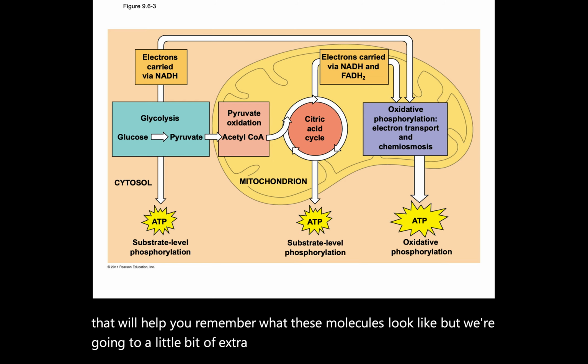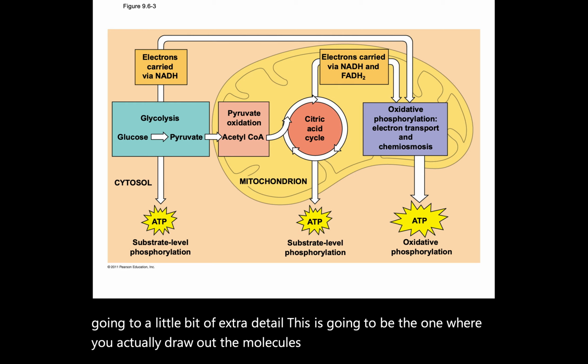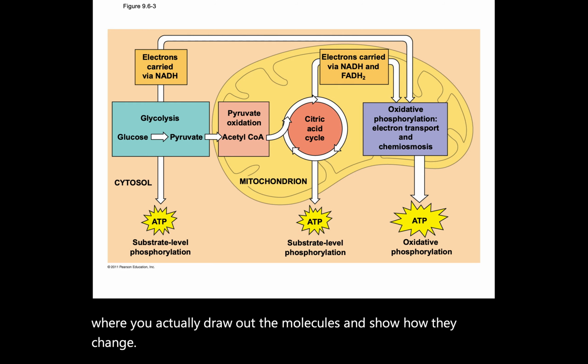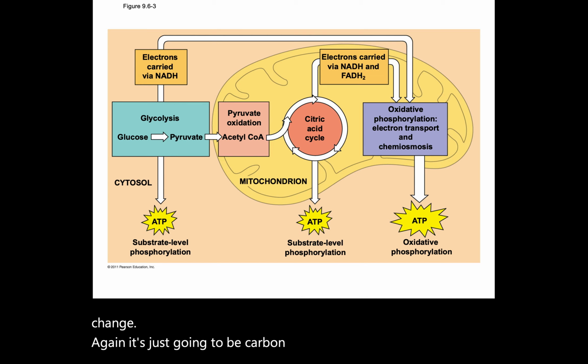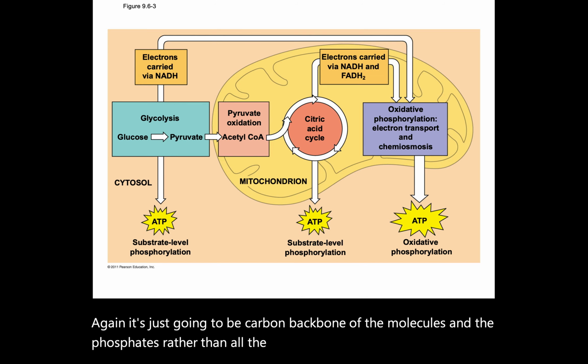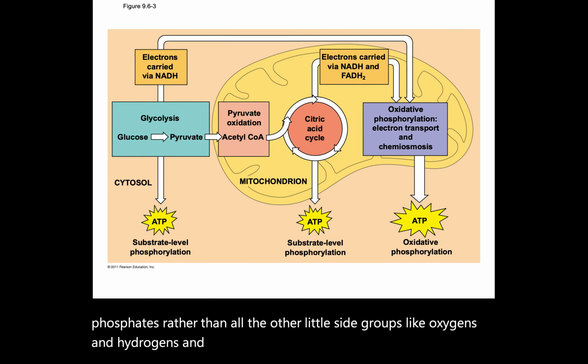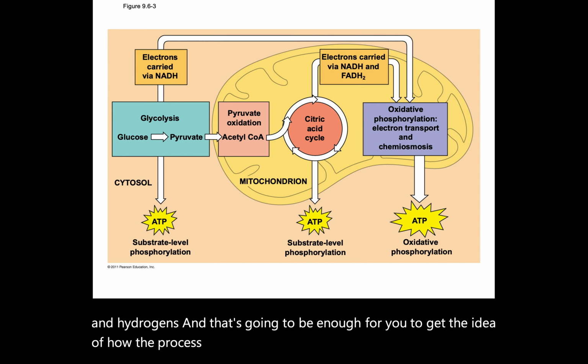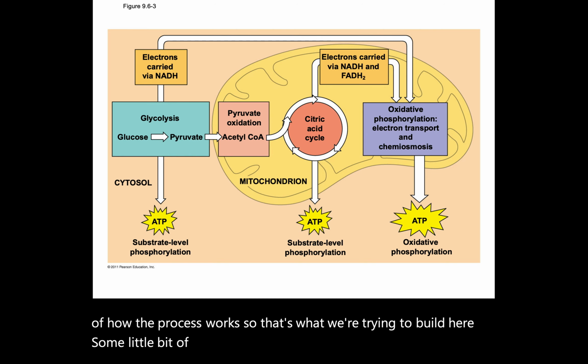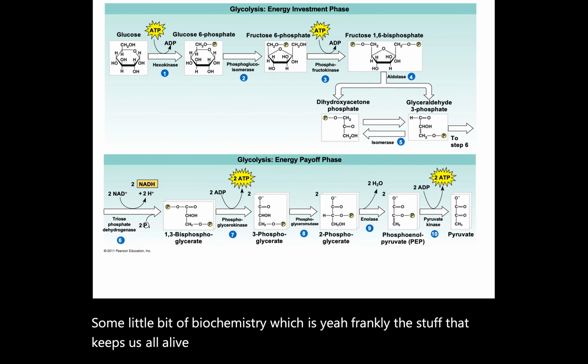This is going to be the one where you actually draw out the molecules and show how they change. Again, it's just going to be the carbon backbone of the molecules and the phosphates, rather than all the other little side groups like oxygens and hydrogens. And that's going to be enough for you to get the idea of how the process works. So that's what we're trying to build here, some little bit of biochemistry, which is, frankly, the stuff that keeps us all alive. So pretty important.